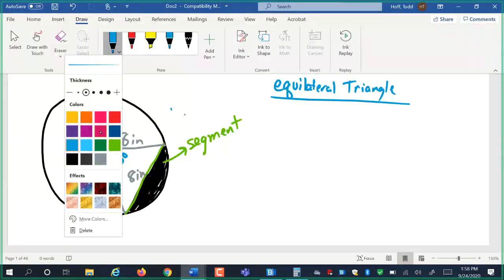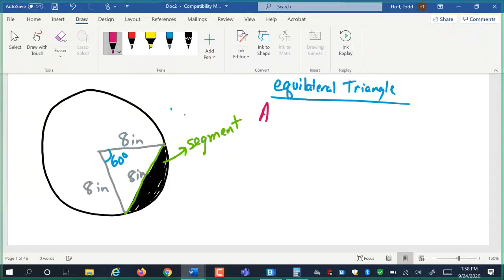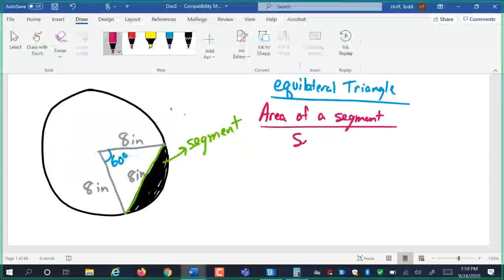To find the area of a segment, we take the sector area and we subtract the triangle area.